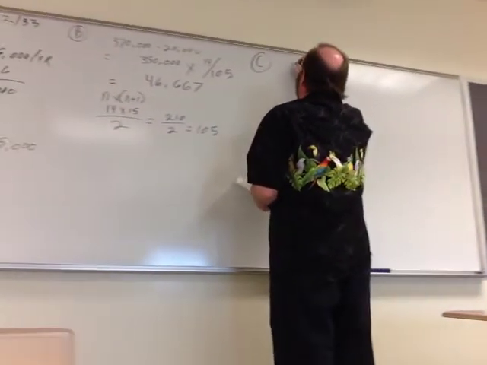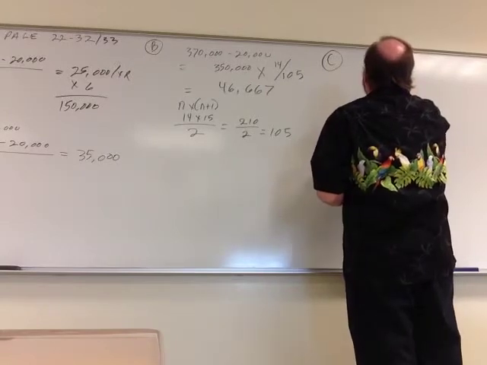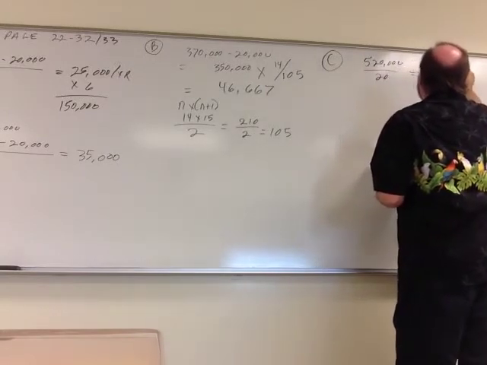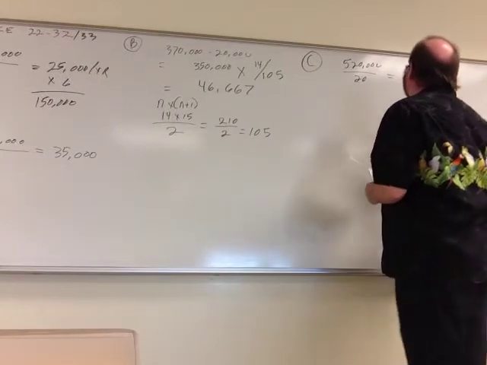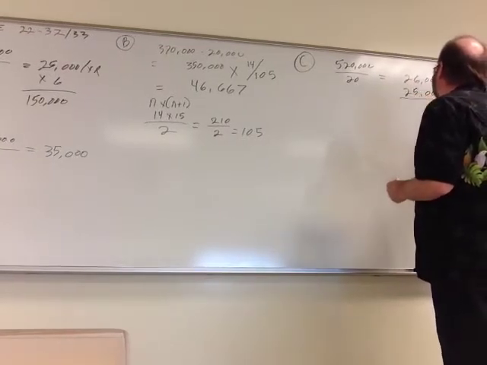You've been taking 520,000 over a 20-year life for 26,000. You should have been taking 25 per year.